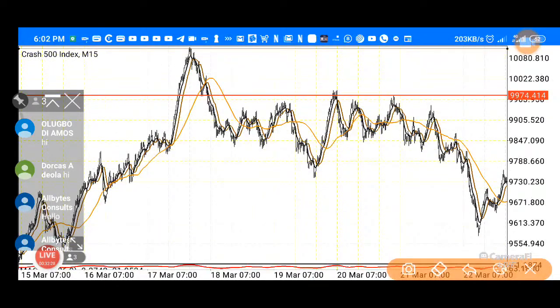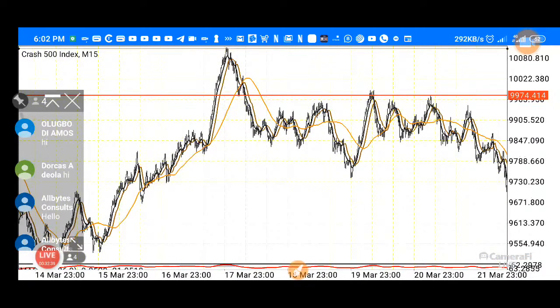So this one is touching this support here. There's a little support over there. If you see, there's a resistance here and there's a resistance here. So that's a verified one.